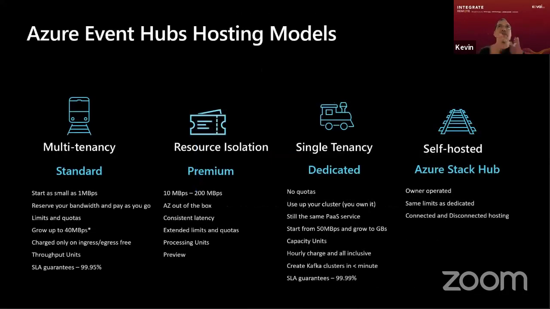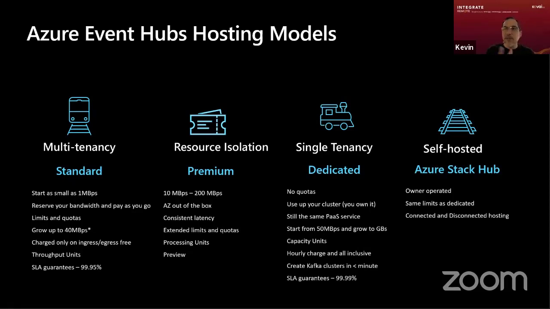We have a number of different hosting models in Event Hubs, and I want to talk about the distinction between those. First is basic and standard, which is our multi-tenancy offering. You can start as small as 1 megabyte per second. We reserve bandwidth, and you pay for that bandwidth as you go, so you can grow those TUs, or throughput units.